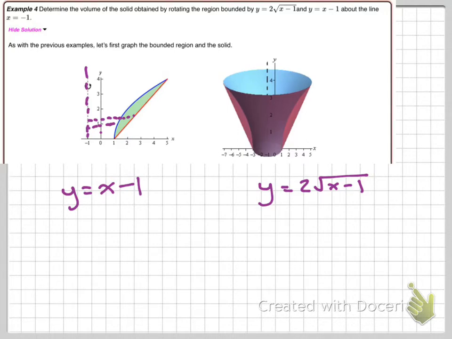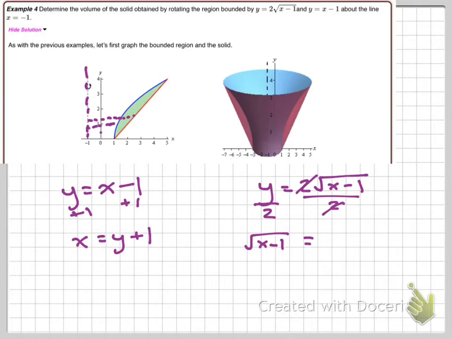So let's do that right quick. This one's easy, just add 1. So x equals y plus 1. This one might take me a few more steps. Divide by 2. I'm going to then switch sides. Square root of x minus 1 equals y over 2. Square both sides. x minus 1 equals y squared over 4.